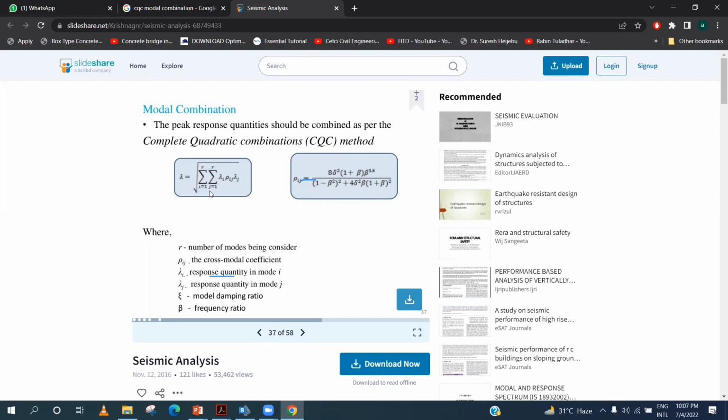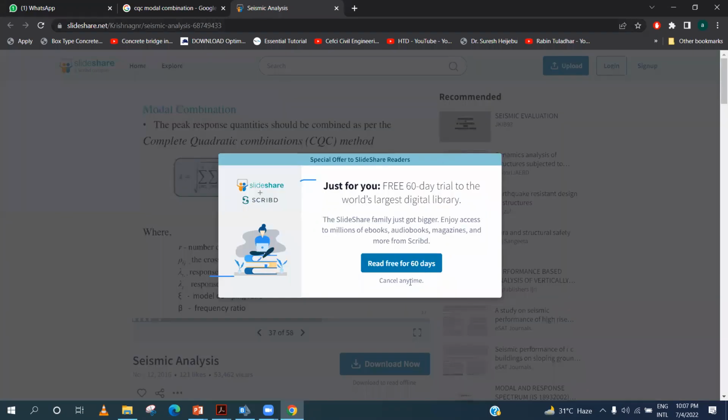So this is the definition of CQC. It is quite complex. I think I should not discuss this because it will confuse you more.